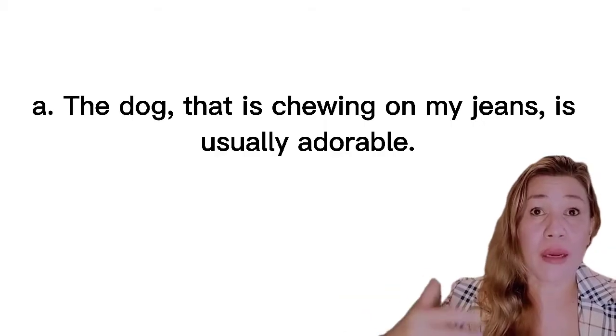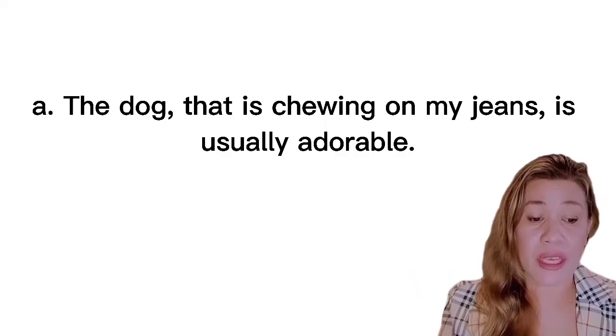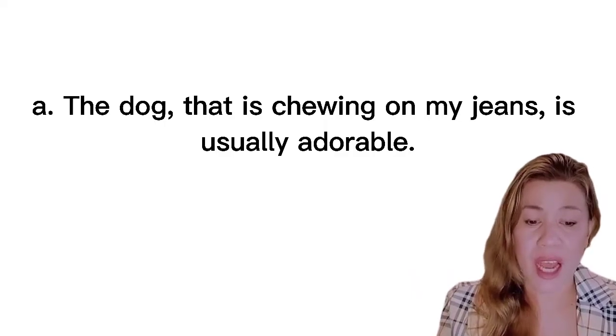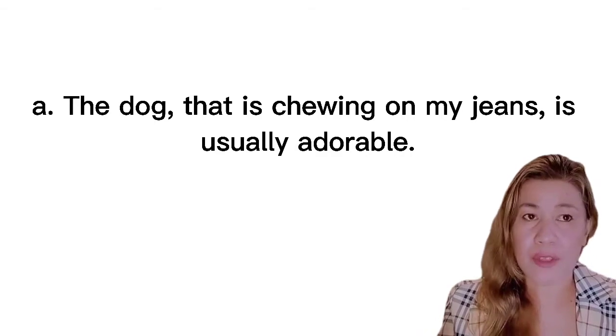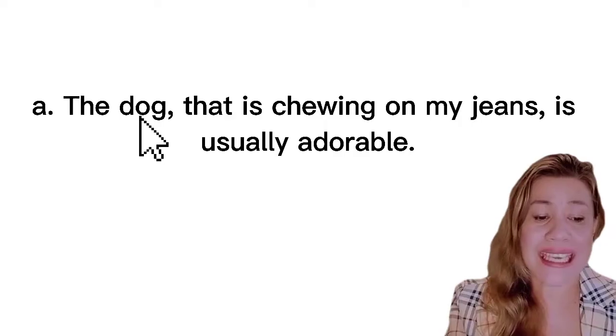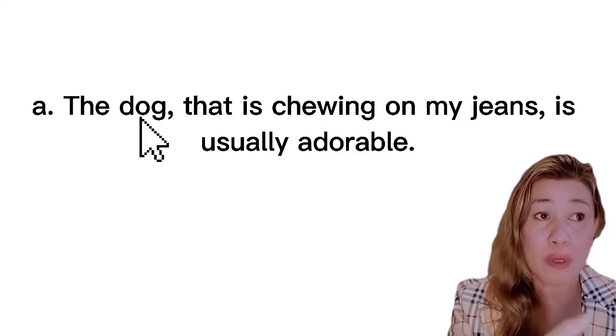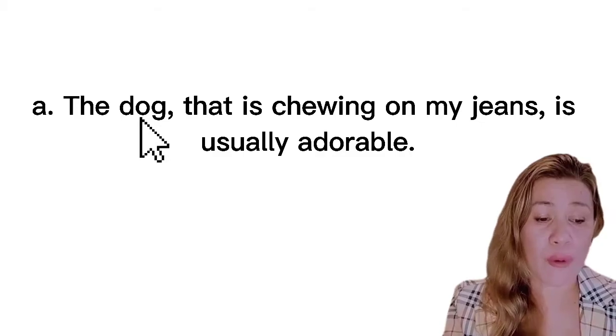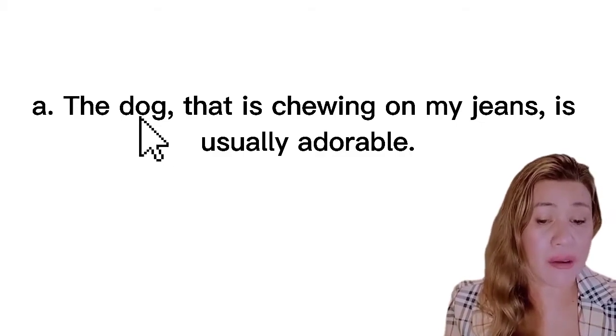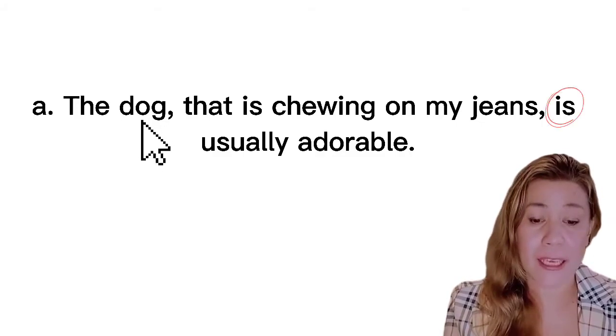So you might identify it as your subject when in fact it is not. So you have to stick to your identification of the subject. Your subject here is dog, it's singular, and therefore even if you're seeing jeans, which is plural, that's not what we are talking about. We're talking about the dog. And therefore, the verb that you will need here is is and not are.